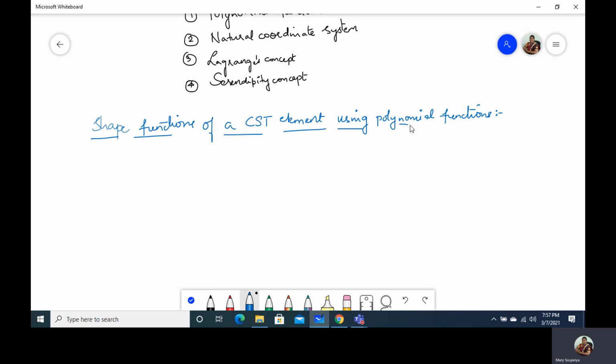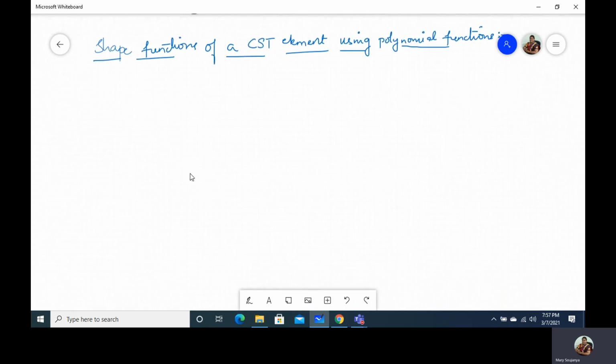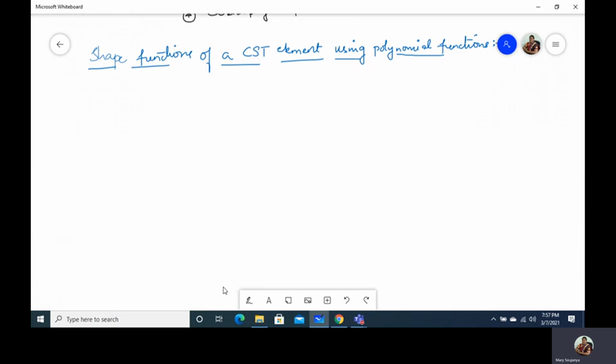We've already seen that the CST element is the basic element for the analysis. That is a three-noded triangular element. We call that constant strain triangle.